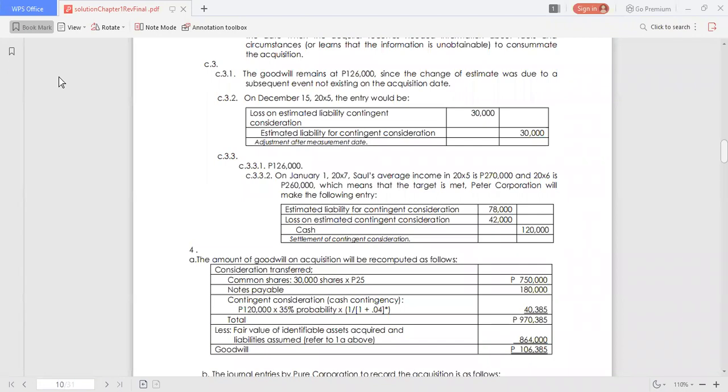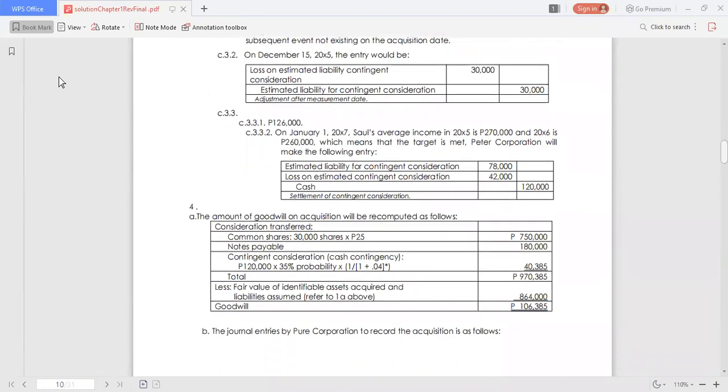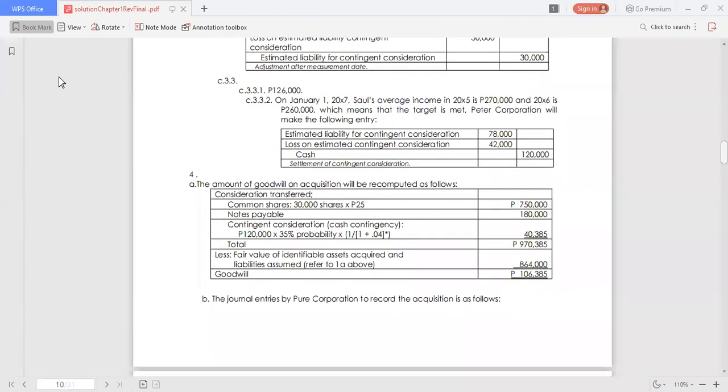So the amount of goodwill on acquisition date will be recomputed as follows. Shares 750,000. Then we have notes payable 180,000, contingent consideration 120,000 times 35%, computing for the probability, times 1 over 1 plus 0.04.